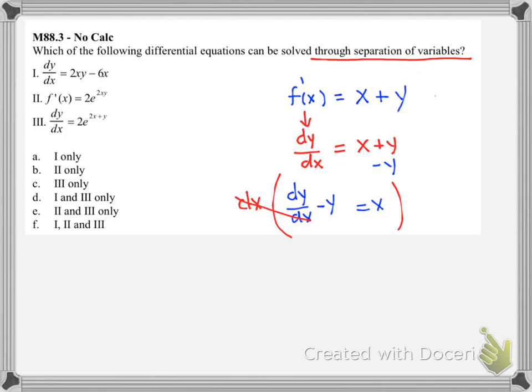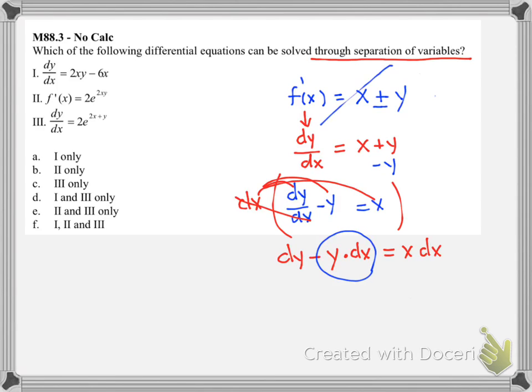To do this right, I'm going to have dy minus, since everything needs to get multiplied by dx, minus y dx equals x dx. And as you can see, we're still not separated, and there's going to be no way to separate. The reason why is because we started with a sum of x and y, not a product of x and y. So this one cannot be separated. This is a no-go.